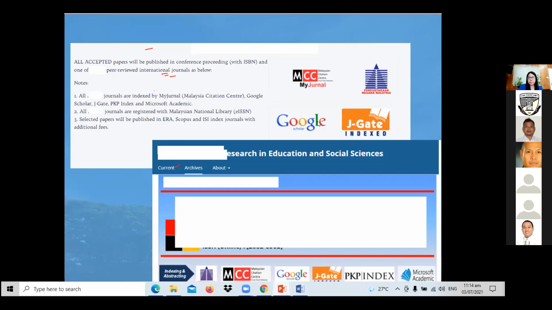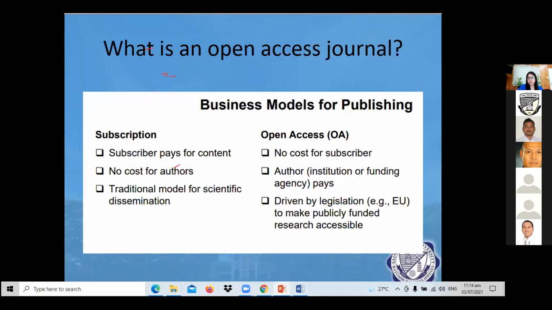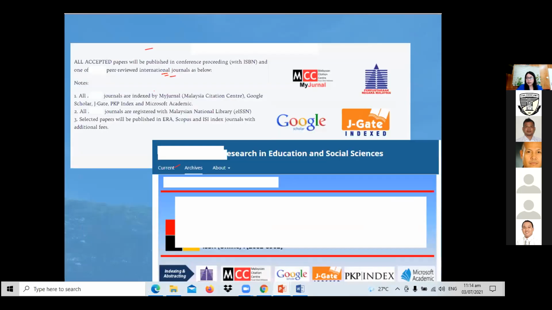So it happened that when I went over the conference page, they claim that the paper will be published, item number 3, in ERA, Scopus, and ISI indexed with additional fees. But when I went over the journal that they are claiming is in ISI, obviously, take a look at the bottom, indexing and abstracting.